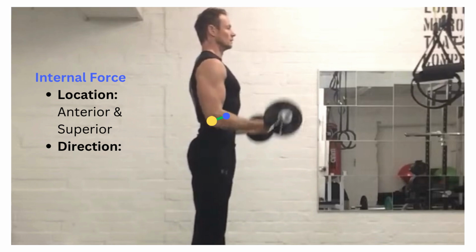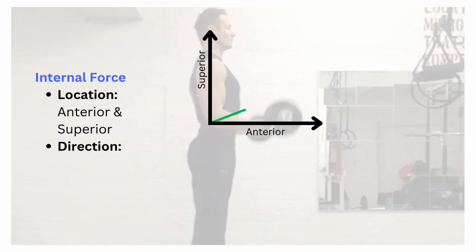While it might be obvious that we're moving anterior, why is it that we're moving superior? Well, if we were to look at this using a better view, with an x and y axis, with our zero point being here at the joint of interest, our axis of rotation, we see that we're moving anterior. We do have a bit of an x, or horizontal, aspect to the location of the internal force vector. We're moving anterior, but there is a bit of a y-axis, or vertical, aspect to where this point of application is located.